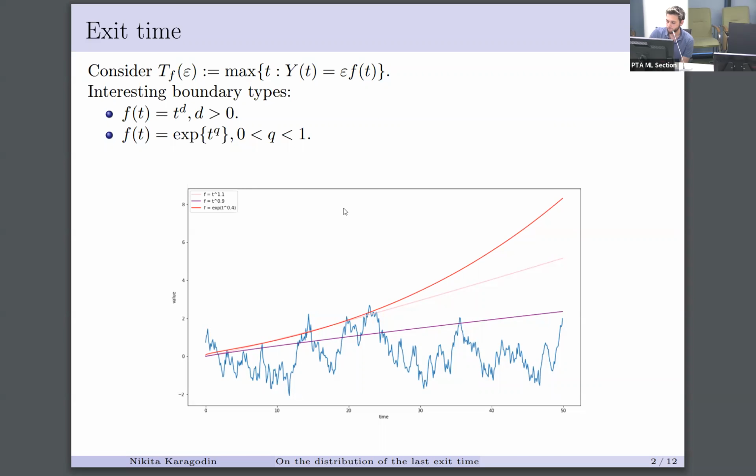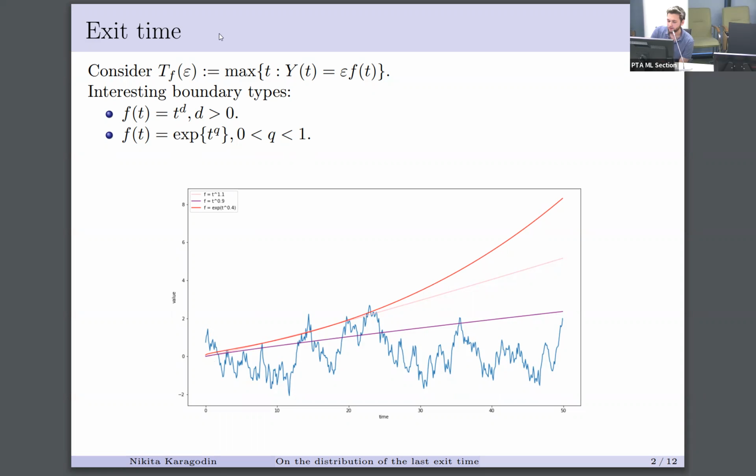So f defines its shape, and via epsilon we can scale it in the y coordinate.